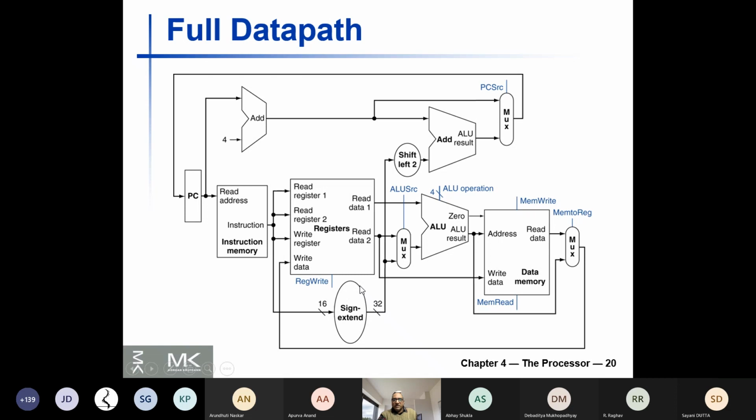So first we design a small controller which is used just to control the ALU, and then the other control signals will be generated from the main controller. The main controller will provide some input to the ALU controller, which will take that input and make use of some other bits, and generate the ALU control lines separately, while the other control lines are driven directly from the main controller.